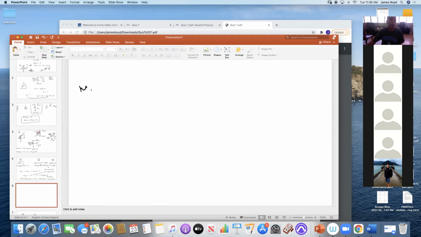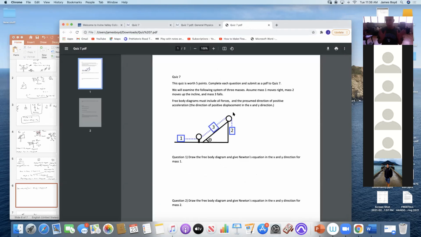Now, looking at this, our system has a weight on 3 that's trying to pull it to the left. Our system has a weight on 2 that's trying to pull it down and pull 1 and 3 to the right. Those are the only 2 forces actually acting on it.